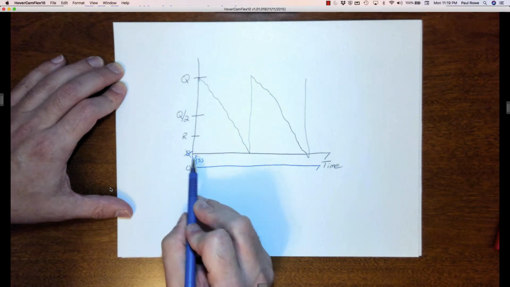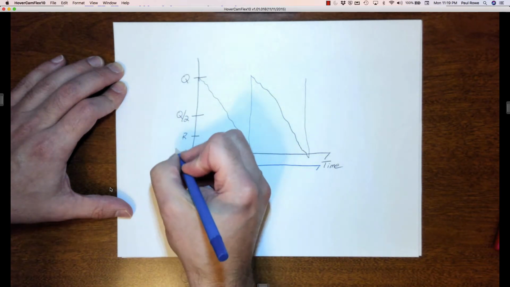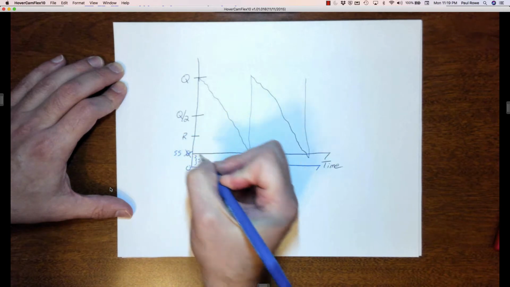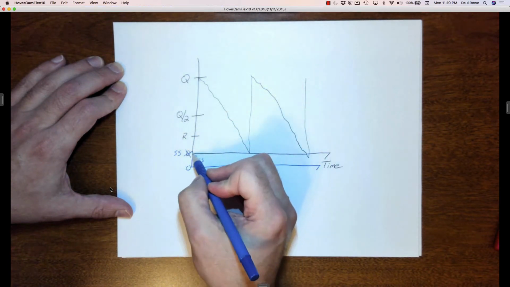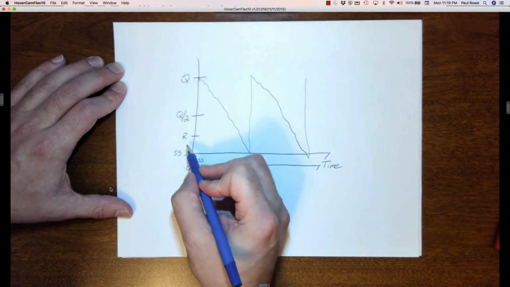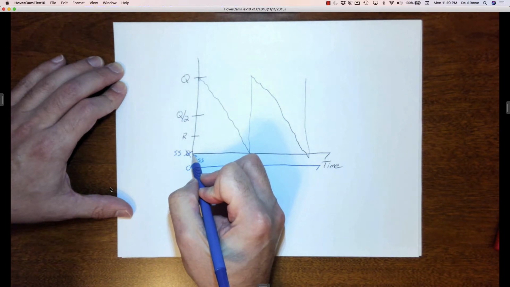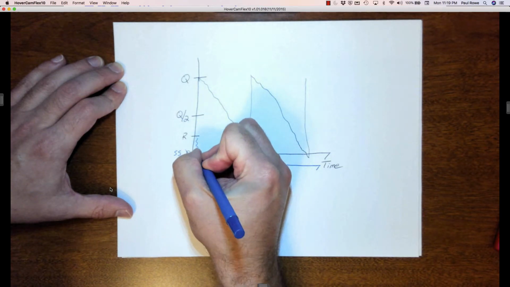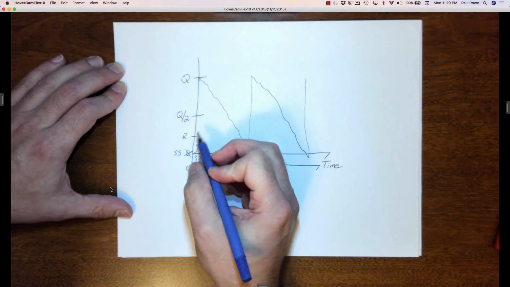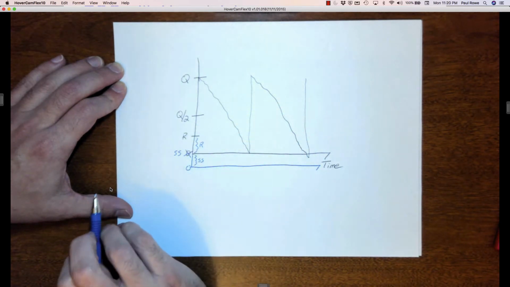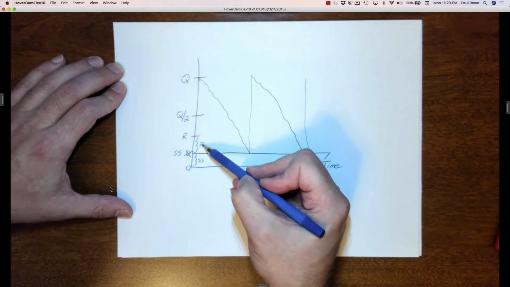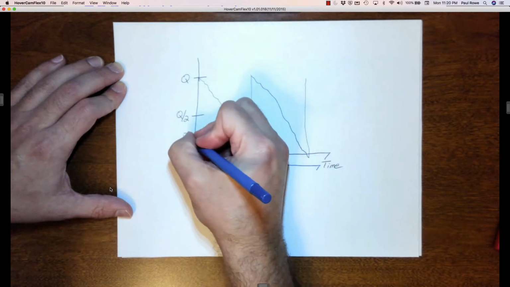Well, 0 plus safety stock. So it would become safety stock. This R previously was based on this being 0. Well, what would this value now be? It would be R plus the safety stock.